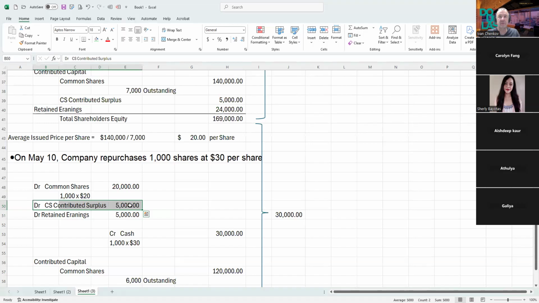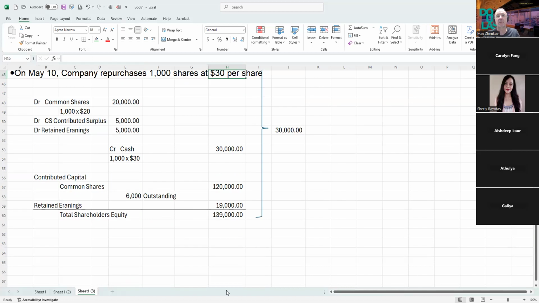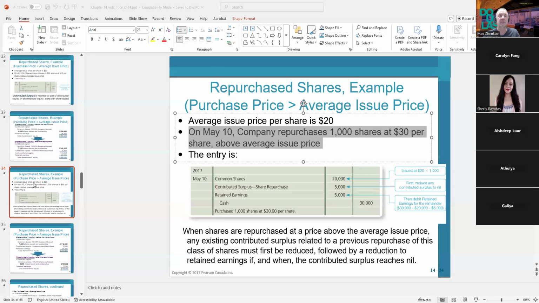Check the question for contributed surplus related to the common shares that you're purchasing above the average issue price. Use that contributed surplus first. After that, go to the retained earnings. Now, let's go back to the slides, and I'm going to let you have a break so we can process it, and we're going to continue with the next issue.